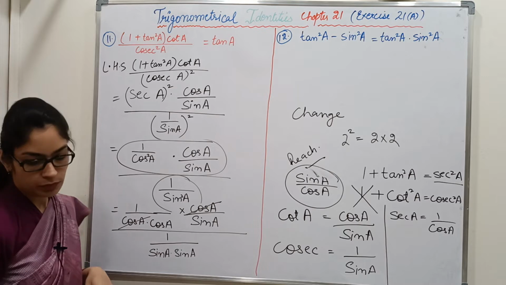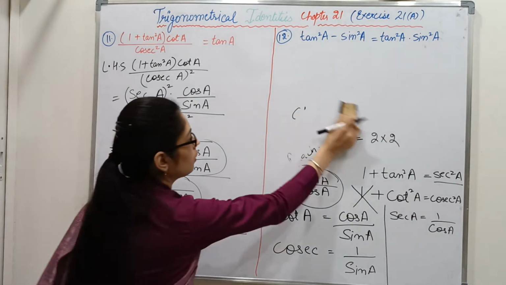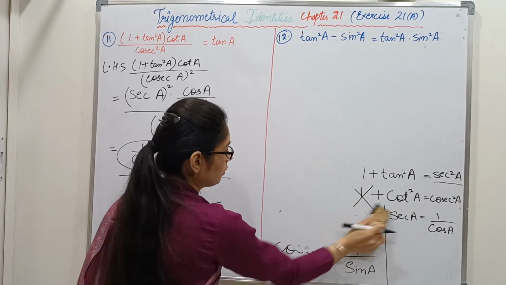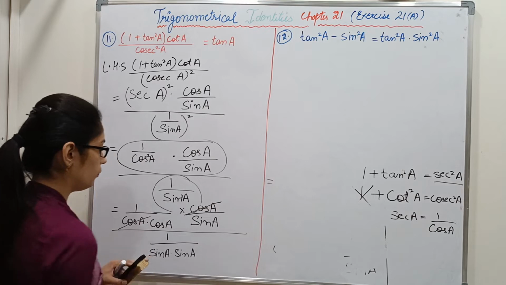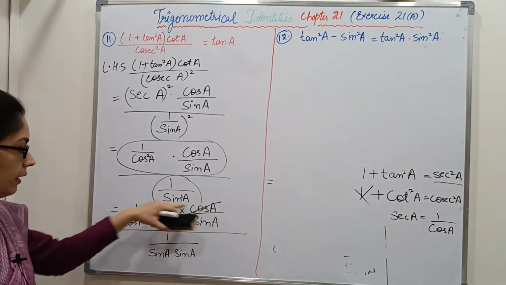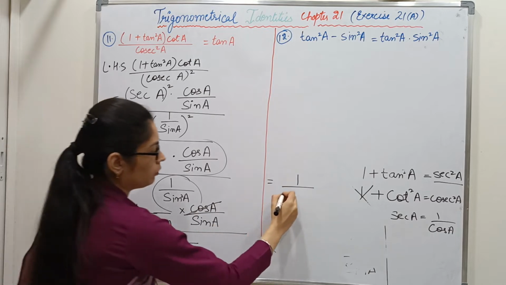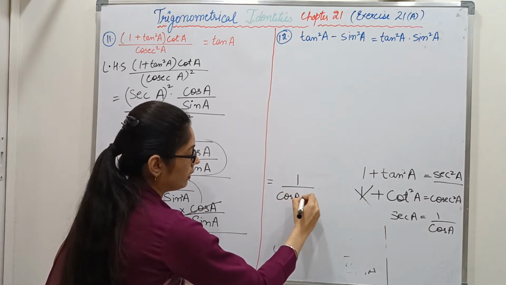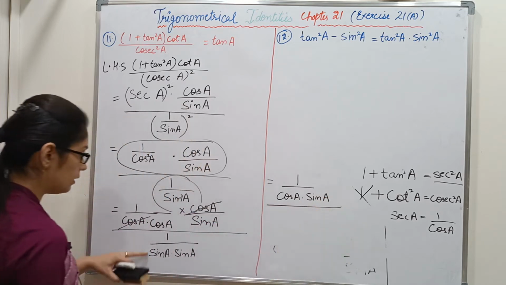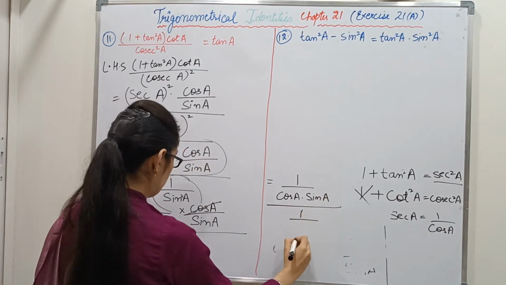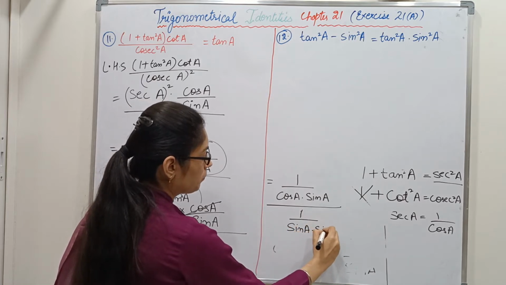So what we are left with now, in the numerator nothing is there, so 1. In the denominator I have cos into sin, into means I can write a dot. Then it is getting divided by 1 upon sin A into sin A.